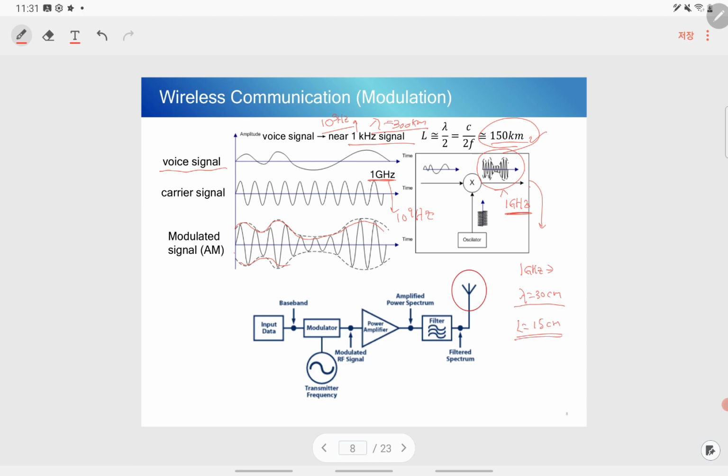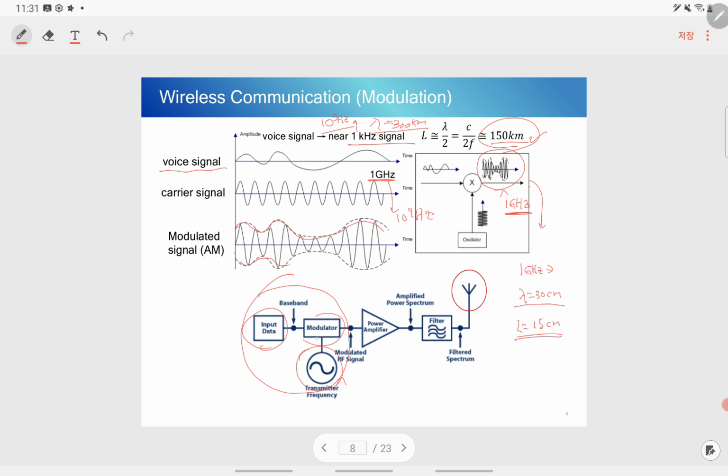So the antenna can be smaller so that we can efficiently design the antenna and realize the communication between transmitter and receiver. This is a transmission block diagram. This is the mixing circuit with this input, and this is the high frequency.